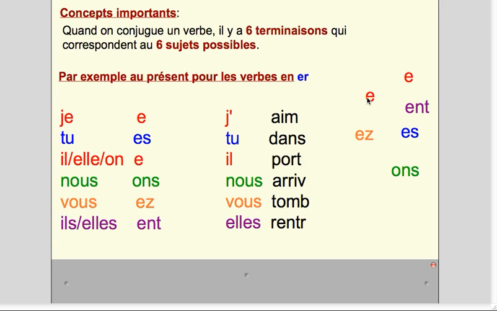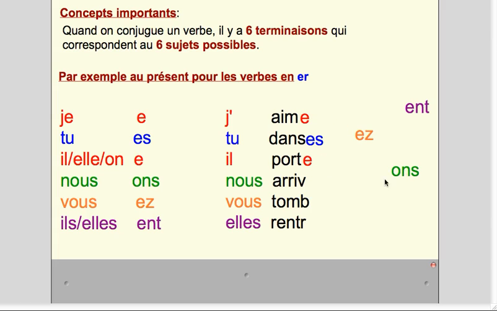So j'aime, I love. I'm going to choose e because I know these are the pair of shoes that I wear with that type of dress, right? So e goes with je. Tu, I know that I need to choose es. So tu danses, you dance. So that must look like that. Il porte, he wears something. I know that's an e for this one, okay?